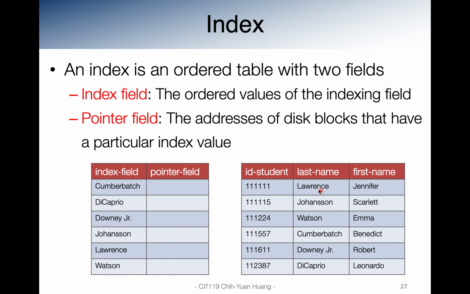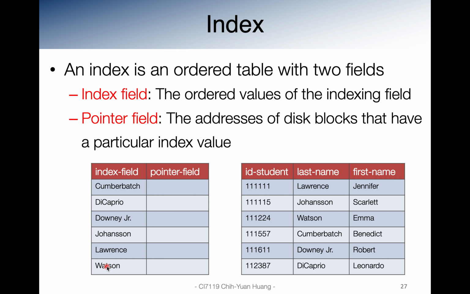So in this case, we are going to extract all the last names and order them in alphabetical order, which means from A, B, C, D to X, Y, Z. As you can see, after we extract all the values from the last name field, the first one is Cumberbatch, the second is DiCaprio, the third is Downey Jr., and then Johansson, Lawrence, and Watson. So as you can see, the index field has been ordered.